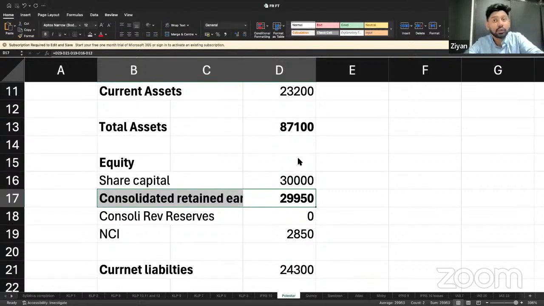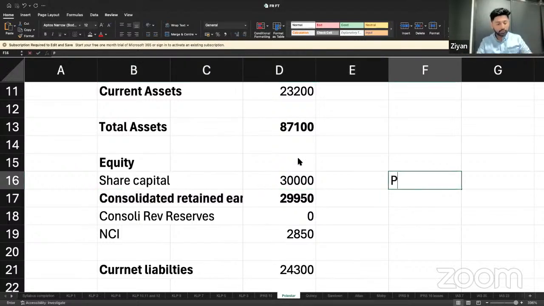Are we clear? If you really want to, you can, because I'm doing it. I'm going to do the proof and show you if this is correct or not. Are you clear? Yes. Proof.